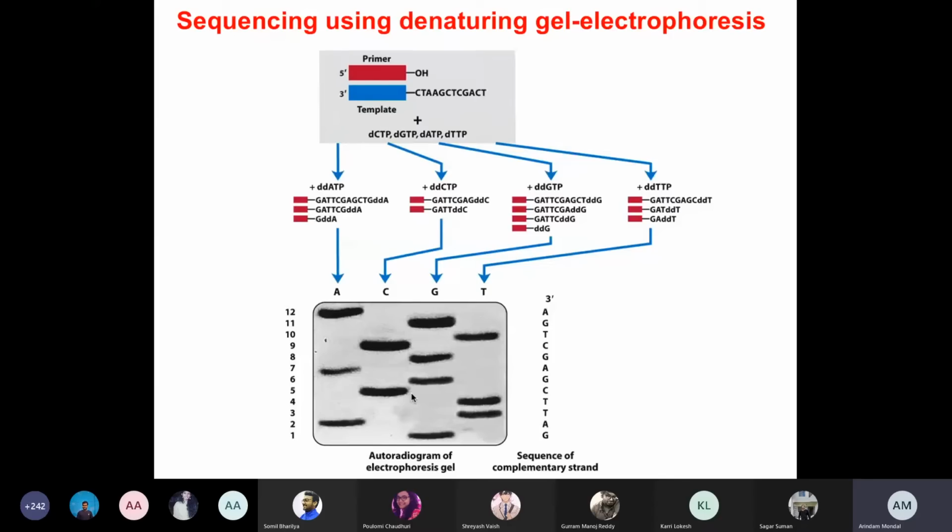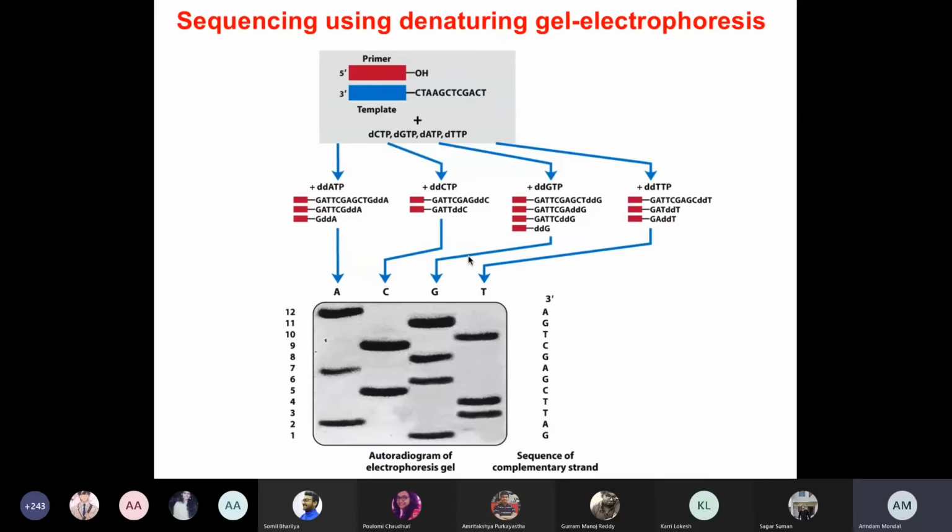Sir, can you repeat how we label the nucleotides radioactively? Yeah, so basically, as we have discussed, all of the DNA sequences have a 5' phosphate and 3' OH, right? So at the 5' end, you can introduce a radioactively labeled phosphate.